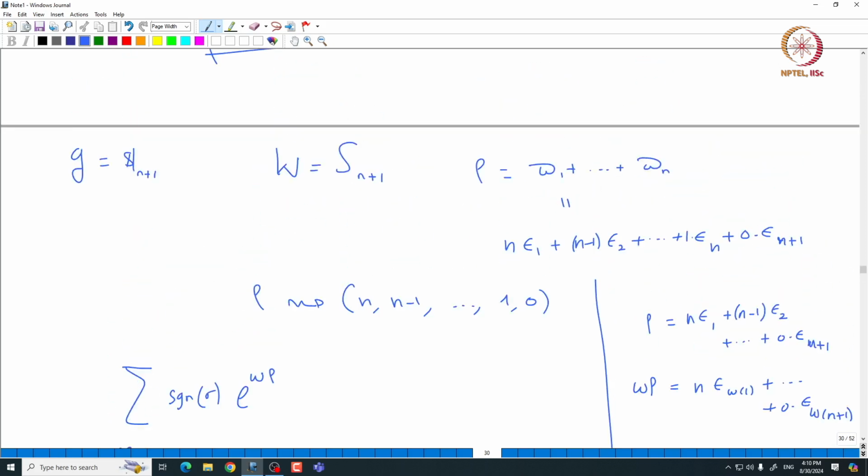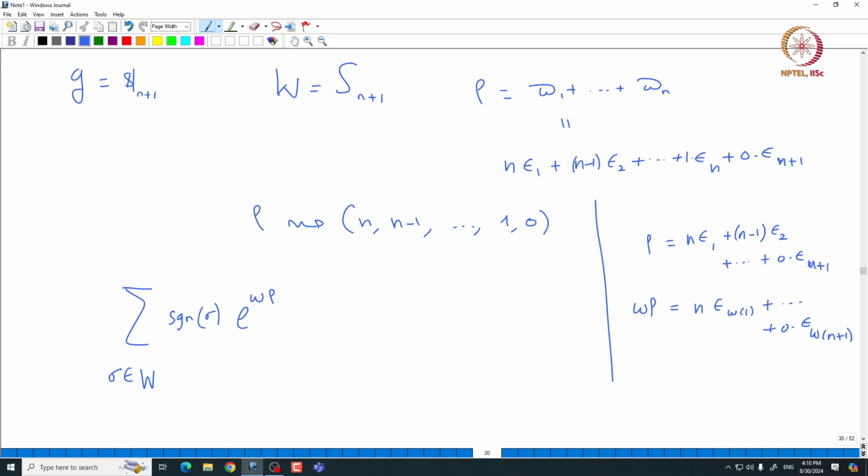Okay. So, recall the Cartan algebra. In terms of epsilon i's, we have these n plus 1 epsilon i's. So, that is the basis that I am using and rewriting everything.